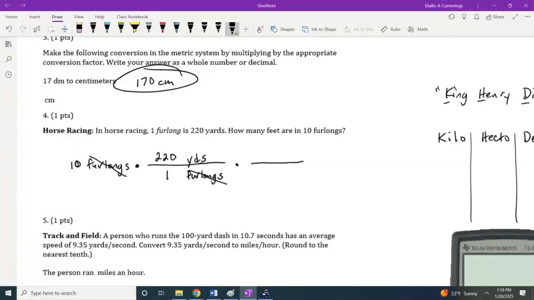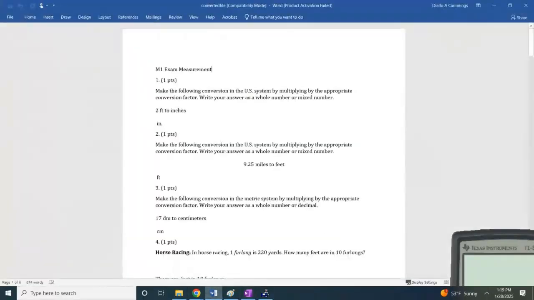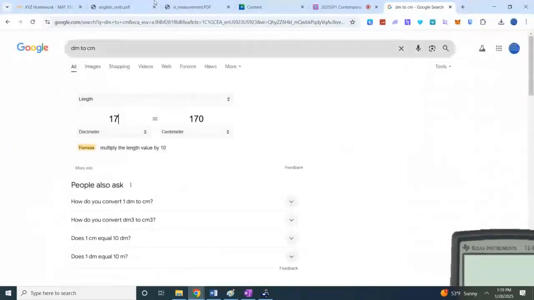So I'm going to have to make another unit fraction. And in this unit fraction, I'm going to put yards in the denominator, and I'm going to put feet in the numerator. So now if I write out this conversion, 3 feet is equal to 1 yard. Now I can actually find this conversion on one of those charts.